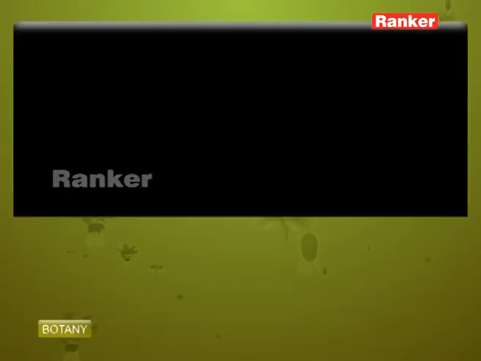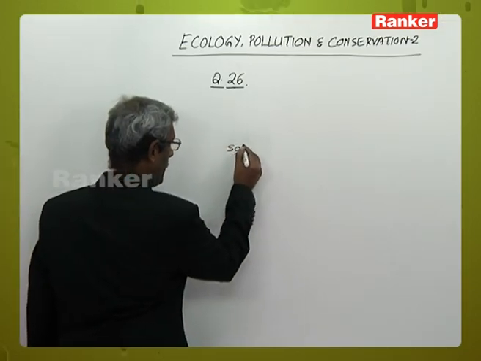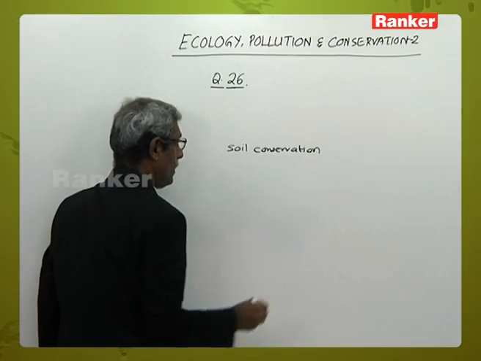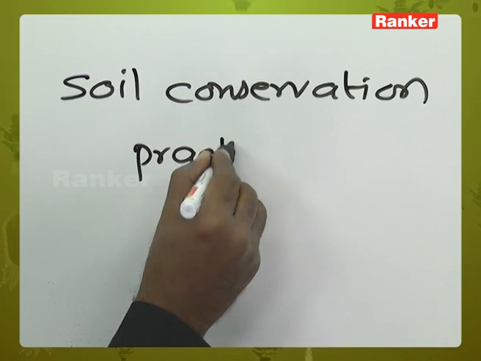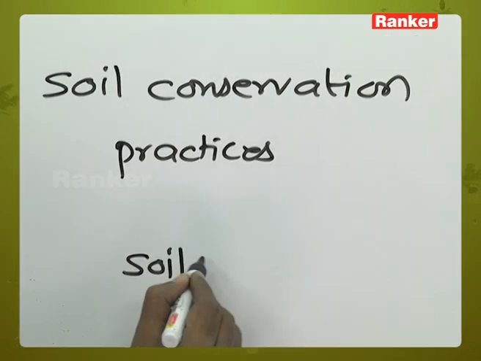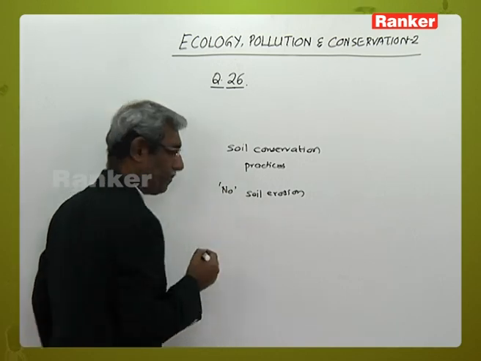Question number 26. Soil conservation is a practice in which A. The soil is protected from being carried away by wind and water. B. The soil is well aerated. C. Soil fertility is enhanced. D. Soil erosion is allowed. Soil conservation relates to practices where we see to it that the soil is prevented from erosion.